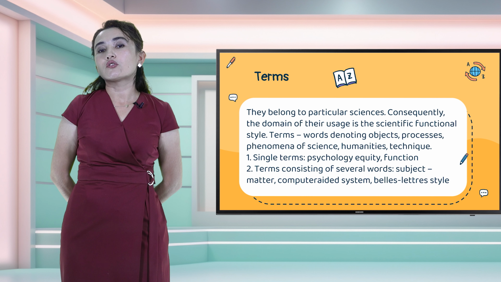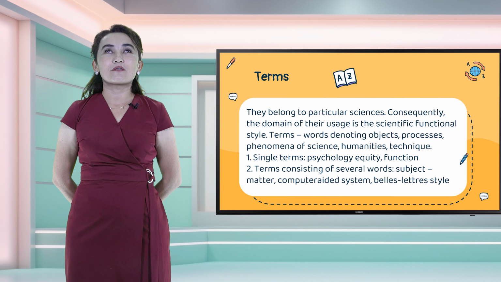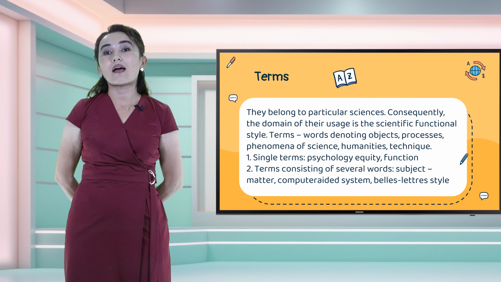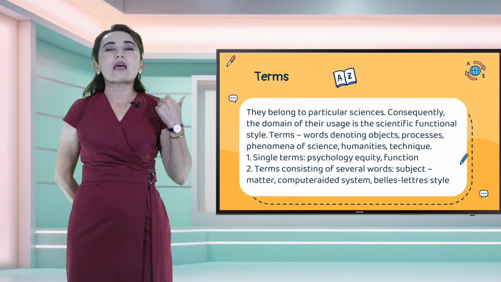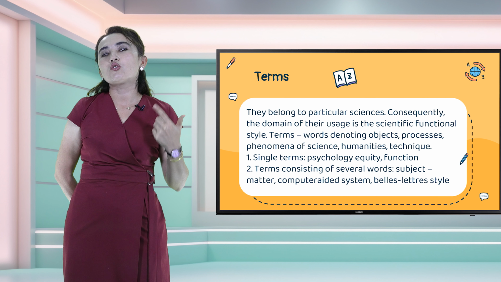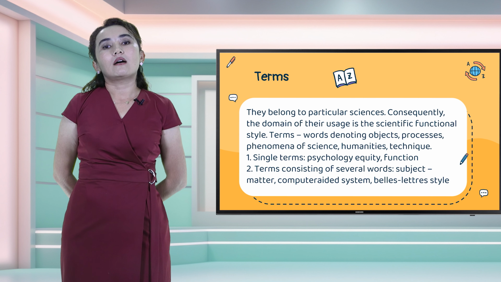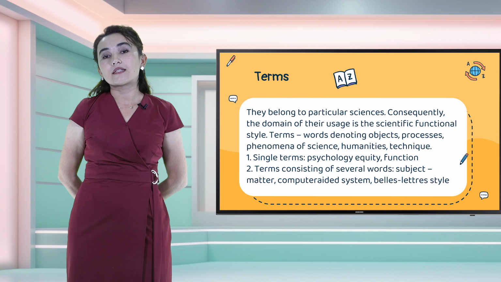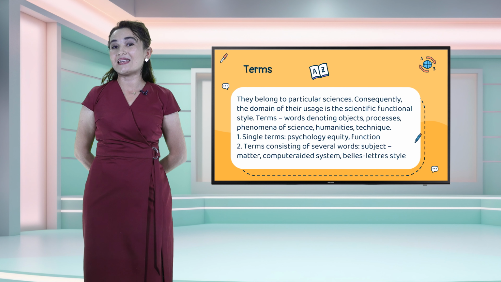They may sound humorous or make speech seem clever and scientific. If you pay attention to people, more intelligent, clever people are eager and able to use terms a lot. Terms are words denoting objects, processes, and phenomena of science, humanities, and technique.